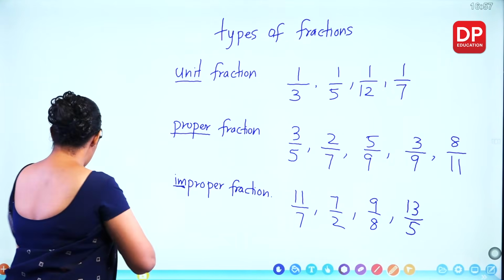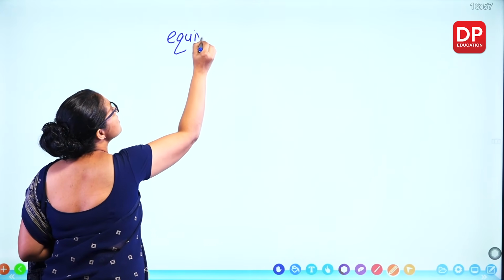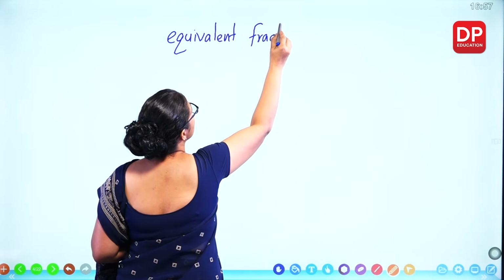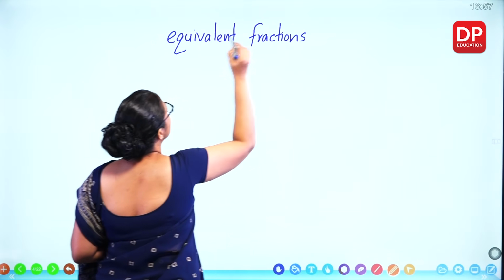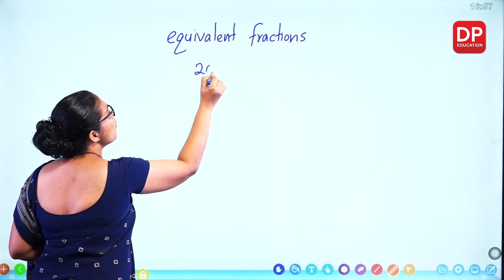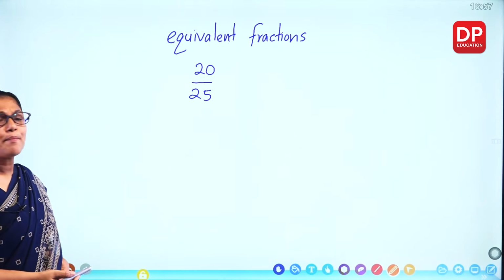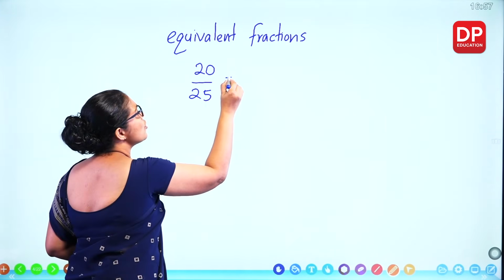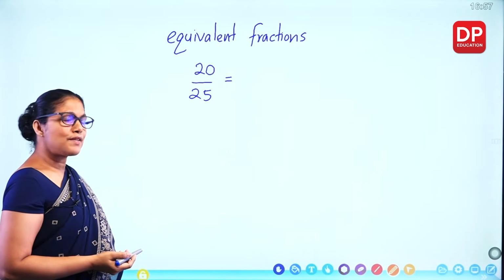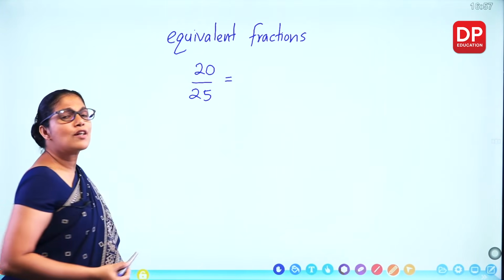Now we'll see what equivalent fractions are. Equivalent. We'll take an example, 20 over 25. I want to divide this by a common factor. 20 and 25, what's the common factor? I can see 5 is a common factor.